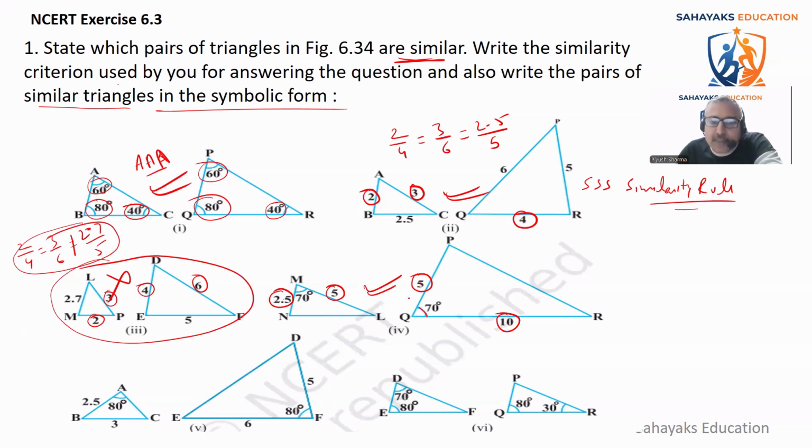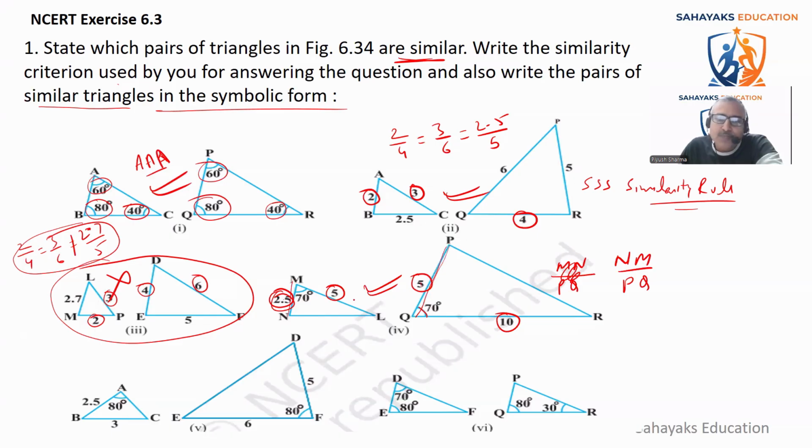And why are they similar? By side. So I can say MN by PQ. Oh, sorry, I should write NM actually. NM by PQ, because it's coming towards the 70 degree angle. So NM instead of MN.